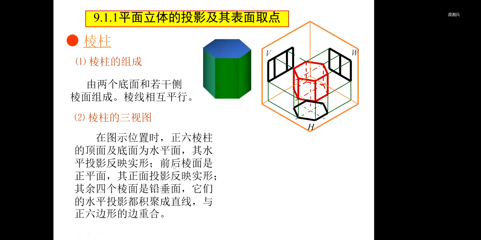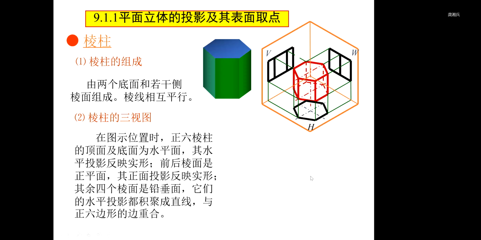And this one is the side plane. The front and the back side planes are vertical planes, parallel to the V projection plane. So this shape represents the true shape.